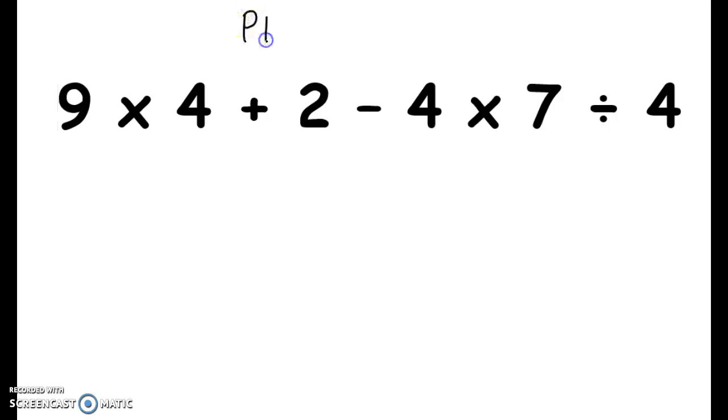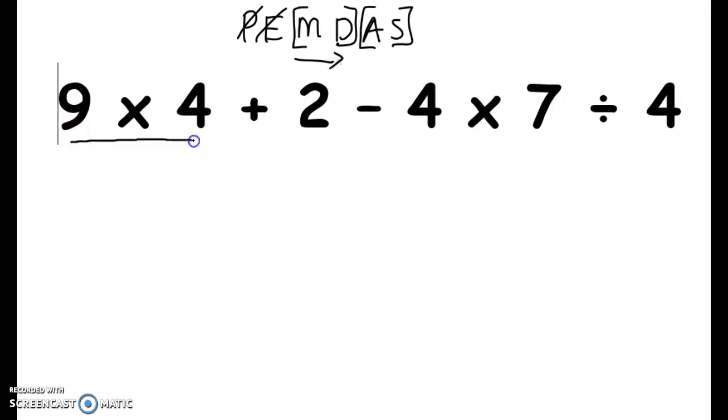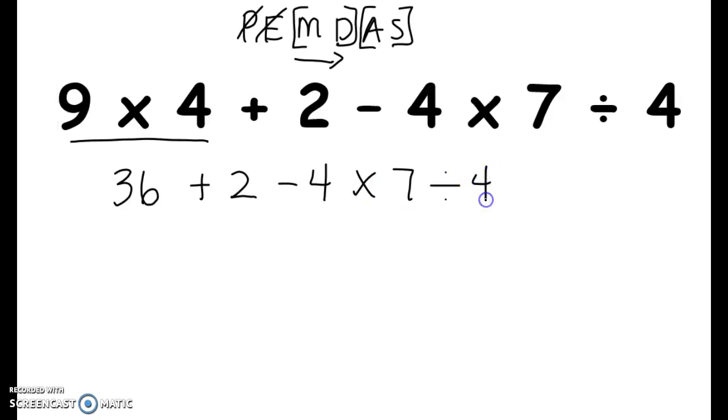So if I did this just using PEMDAS, I do not have parentheses, I do not have exponents, but I do have multiplication and division, but I have to go in order from left to right. So that means that 9 times 4 is going to come first. We'll bring that down as 36 plus 2 minus 4 times 7 divided by 4.